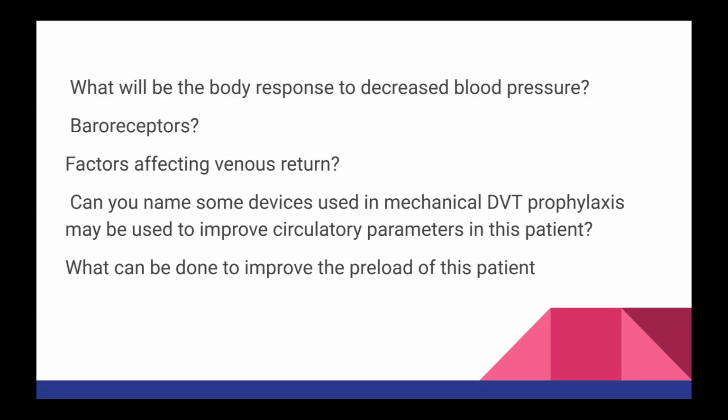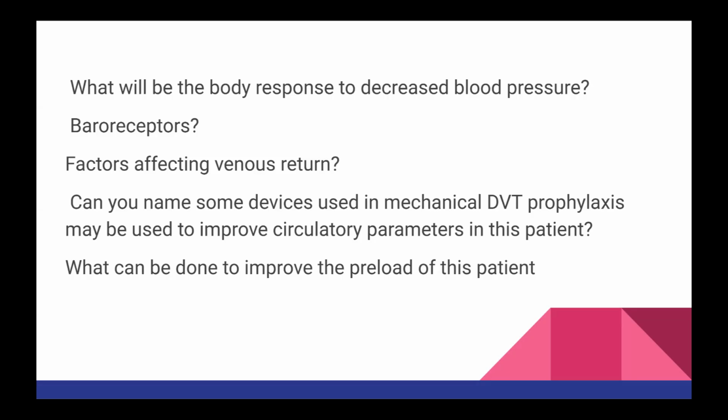In this case, if the patient is in reverse Trendelenburg position, that can also lead to decreased venous return. The calf muscle pump helps in increasing the venous return, so if there is any failure in the calf muscle pump mechanism, or any decreased venous compliance, that can result in decreased venous return.